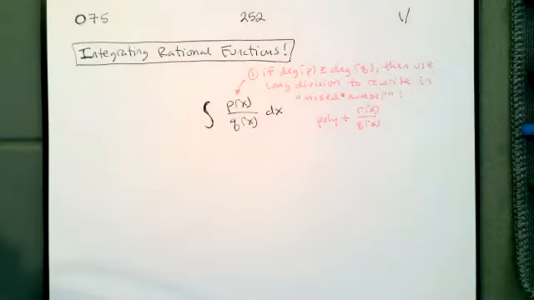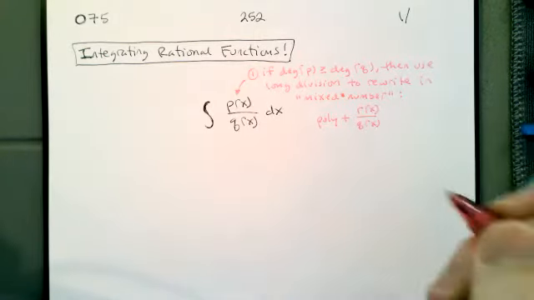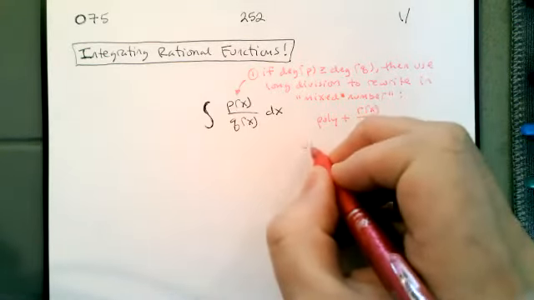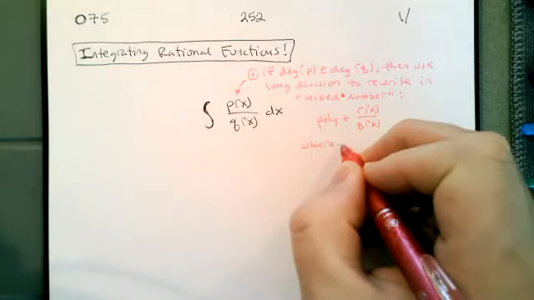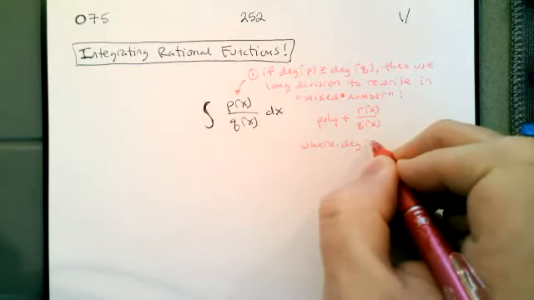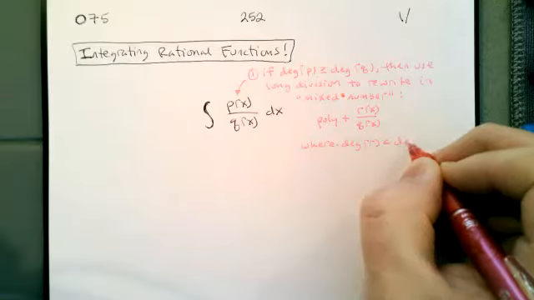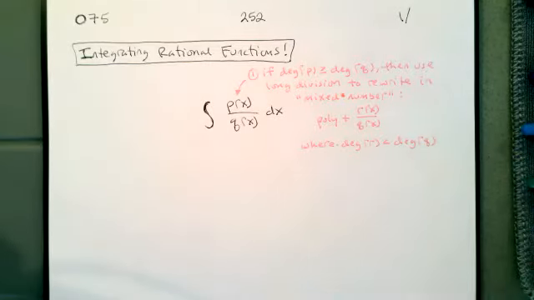So the degree of r will be strictly less than the degree of q. So that was the first step. This is for any size of q and any size of p. If the degree of the numerator is bigger, then we use long division to rewrite it in this mixed number format.